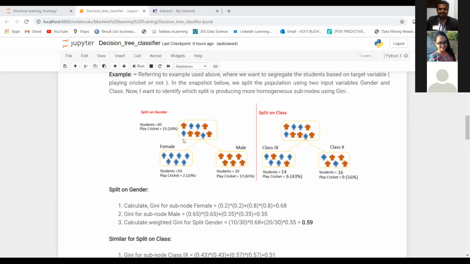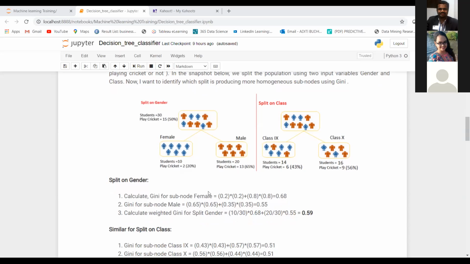Now for this split on gender, you will calculate the weighted Gini coefficient, which is nothing but the weighted average of these probabilities. How do we calculate weighted averages? We know that out of 30 people, 10 are females and 20 are males.